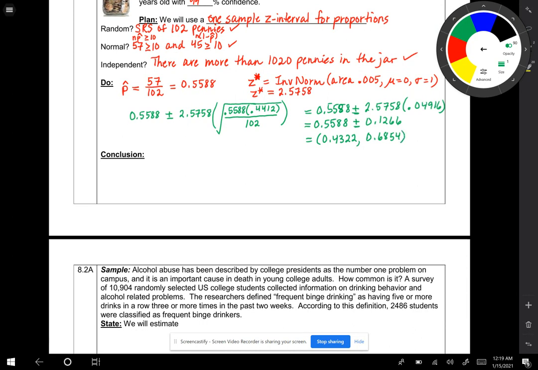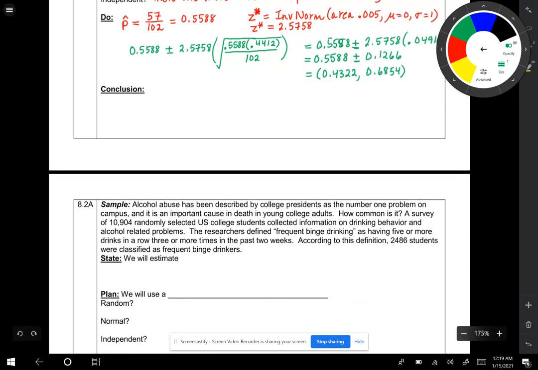Okay. And now we are going to interpret that confidence interval. So let's do our final step, our conclusion.